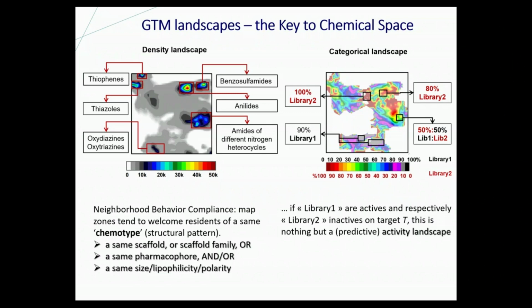If your two categories, library 1 and library 2, represent the actives versus the inactives to a given target, you get a visualizable QSAR model, because you know that a new molecule projected in red will be likely inactive, and projected in black will be likely active.